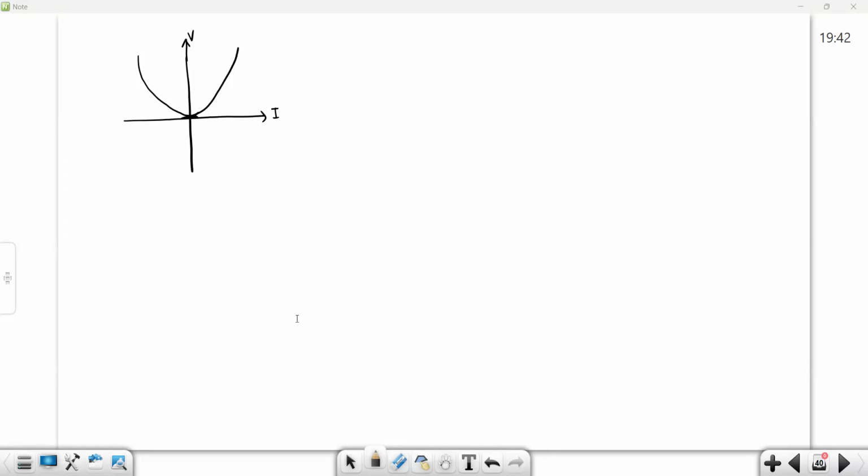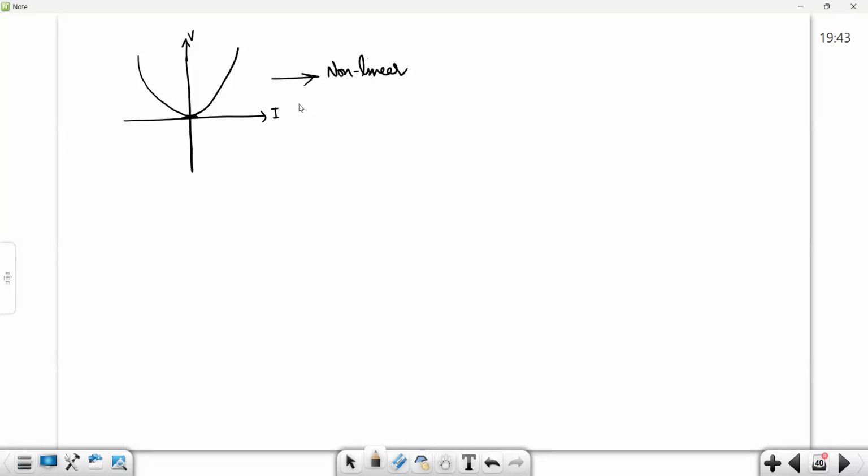Everybody is giving correct answers. That means you have understood the concepts. It is not a straight line passing through origin, that means it will be non-linear. And if characteristics are similar in first and third quadrant or second and fourth quadrant, then it is bilateral.